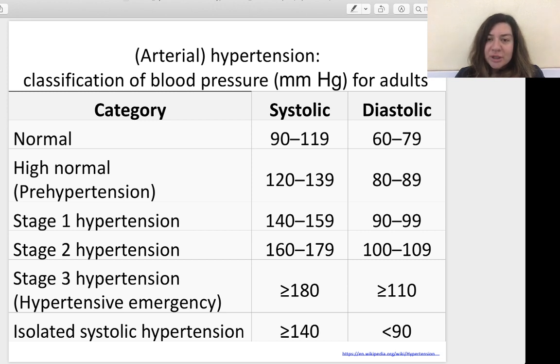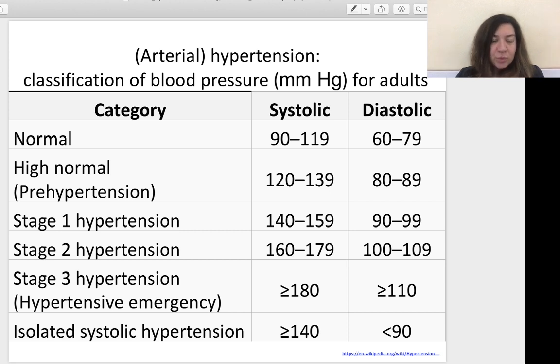Normal blood pressure is from 90 to 119 for systolic, and diastolic from 60 to 79. High normal blood pressure or pre-hypertension is systolic blood pressure from 120 to 139 and diastolic blood pressure from 80 to 89. And what is higher?